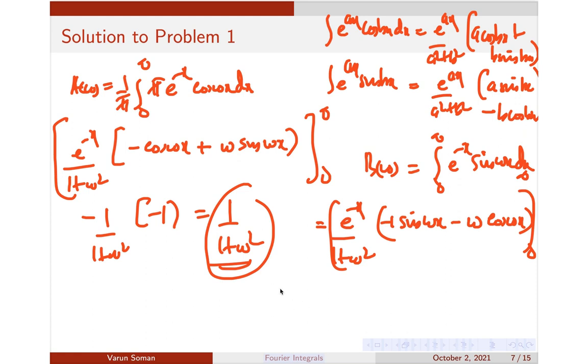When you put 0, it will be 1 by 1 plus omega square. Now minus this there. When you substitute it here also, this will become 0. This is actually 1 there, so it is minus omega, so it is actually plus 1, so it is again 1 plus 1 by omega.